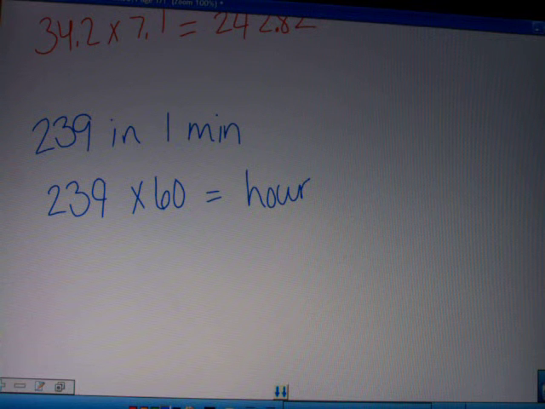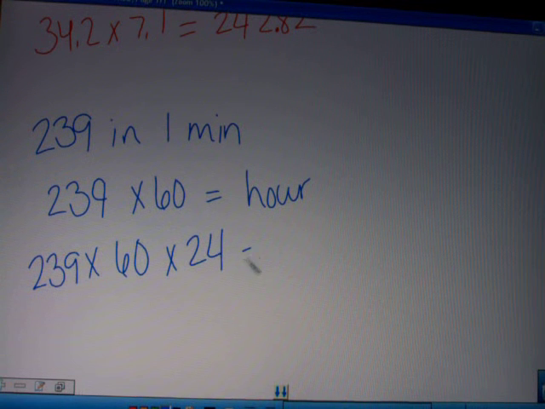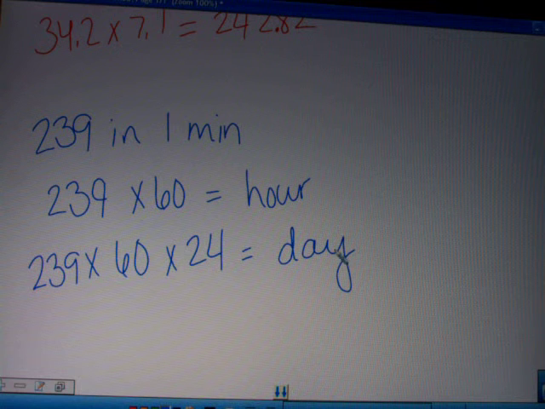Then, they also expect you to know that there are 24 hours in a day. So it's 239 times 60 minutes to give you how many touches in an hour, and then times 24 for a day.